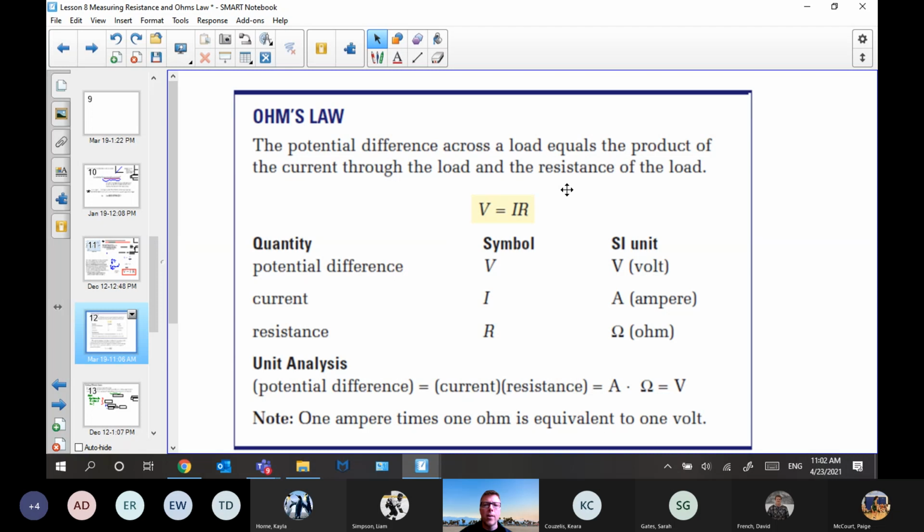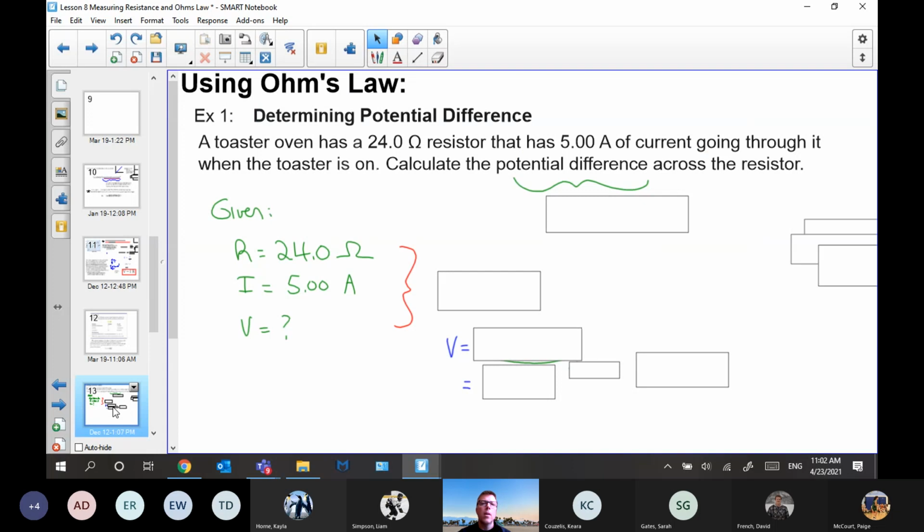Label and know what these mean as concepts, the letters and the concepts, so that when you read a question, you can identify what's what. Because we don't write questions where we say a toaster has an R value of 24. No, they say the resistance is 24 ohms, right? So it's important to have a solid connection between the concept and the letter.